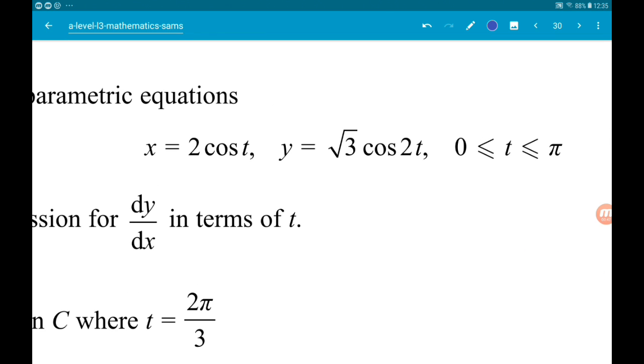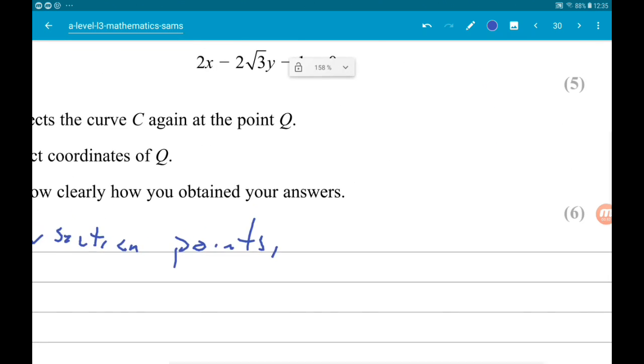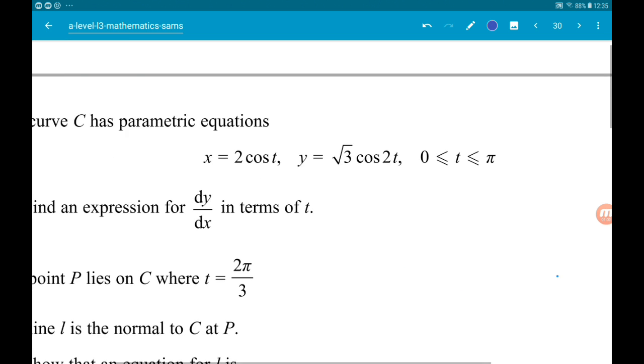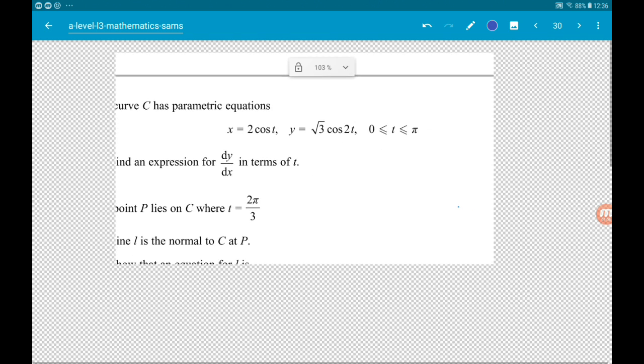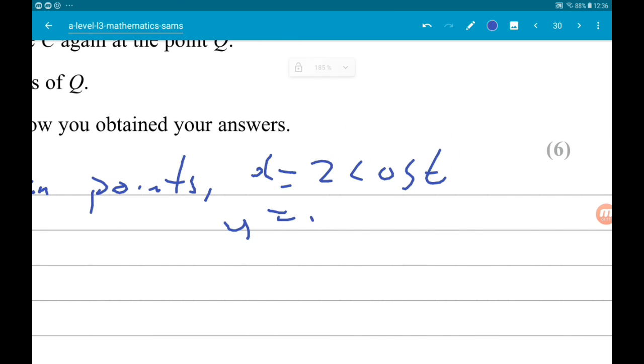So we know x has to be 2 cos t, and y has to be equal to root 3 cos of 2t. So, what we're going to do is substitute these into the equation for L.